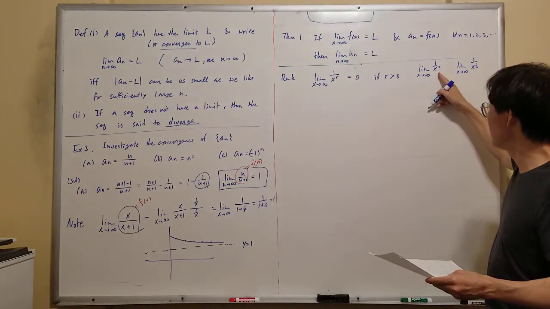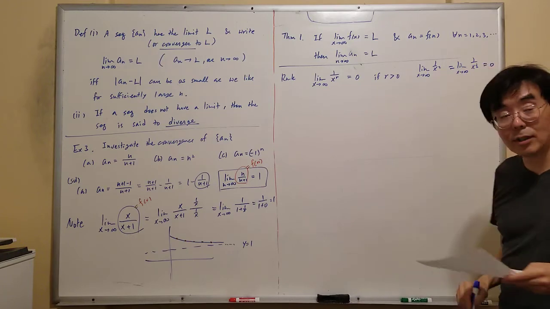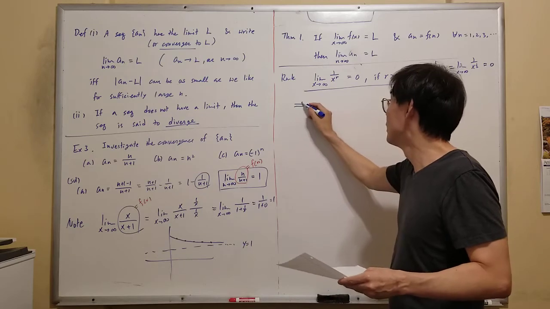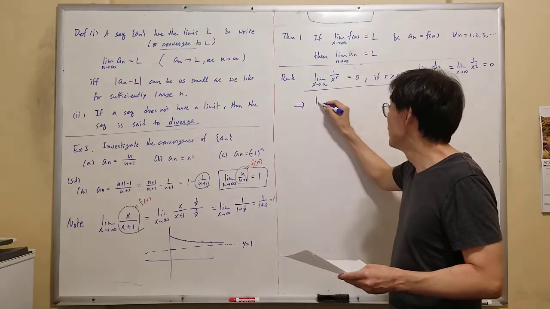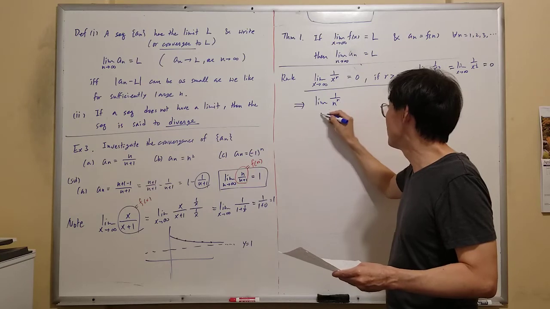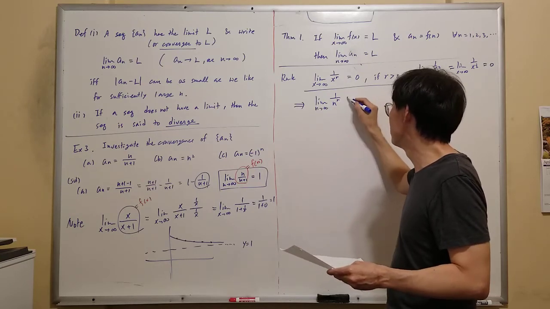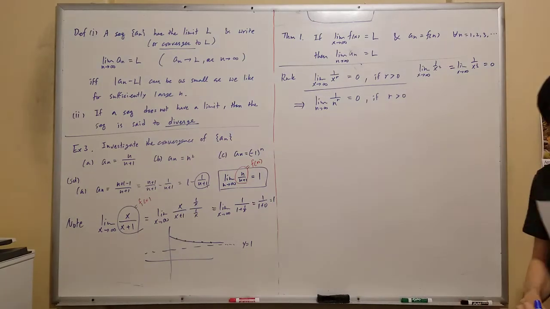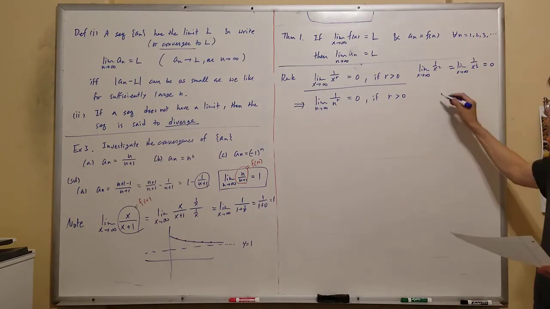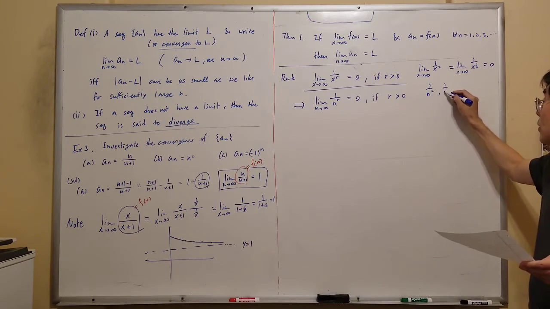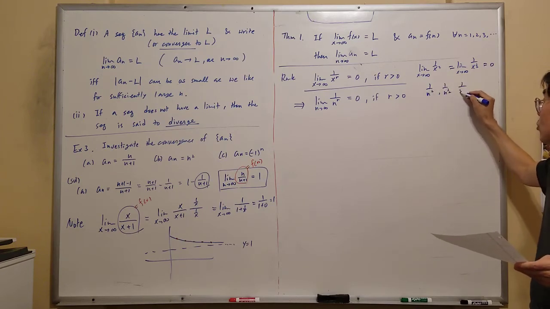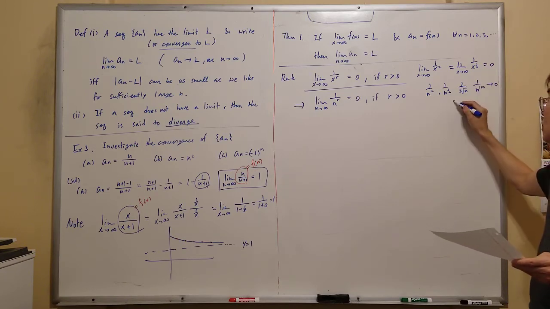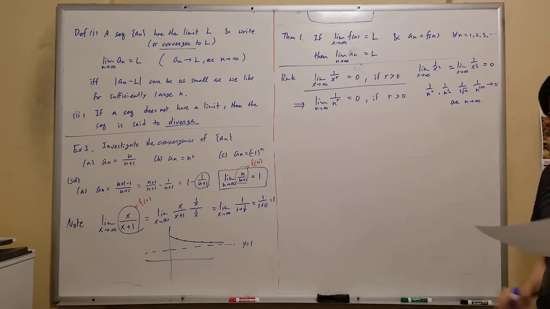Therefore, 1 over a really large number goes to 0, right? We know this. Therefore, according to this theorem, the limit of 1 over n to the r power as n goes to infinity will be 0 if r is positive. So 1 over n squared, 1 over n to the 1/2, 1 over cube root of n, 1 over n to the 100 power, all go to 0 as n goes to infinity.